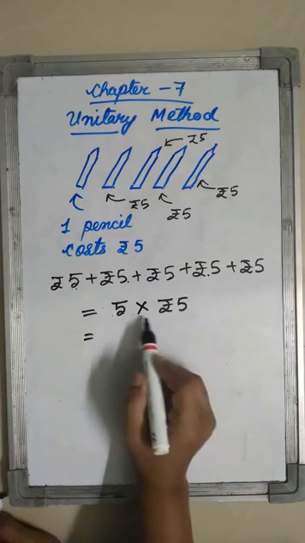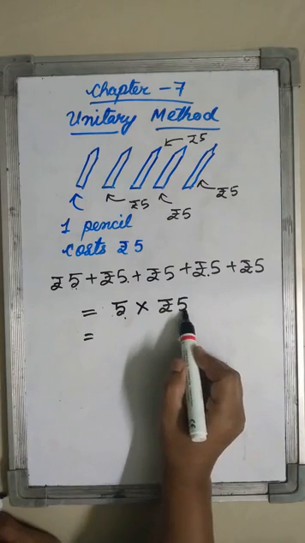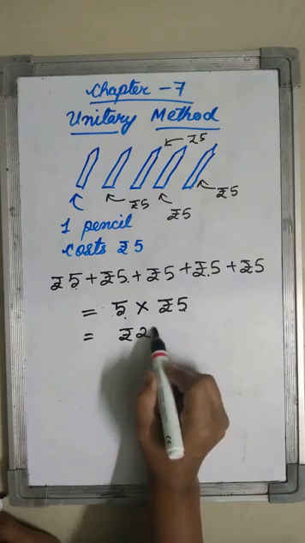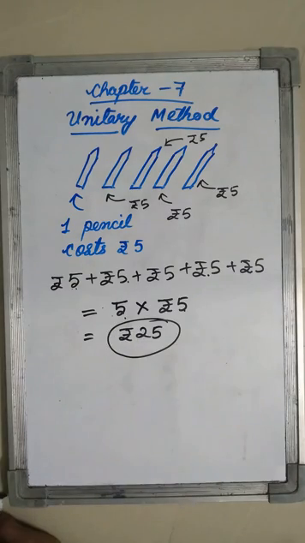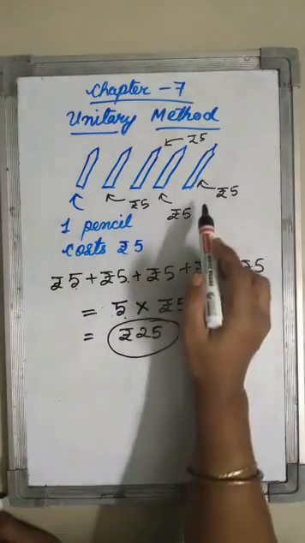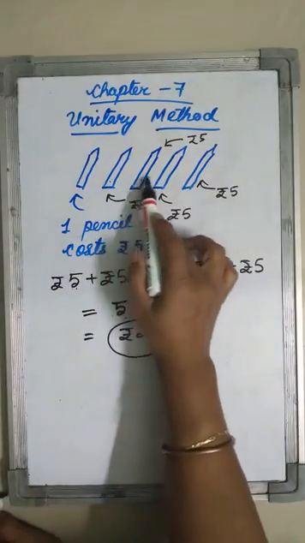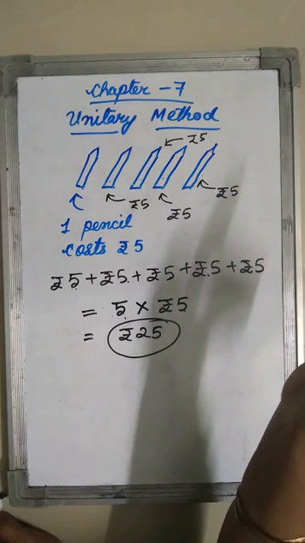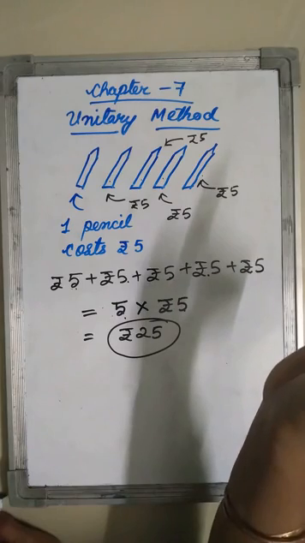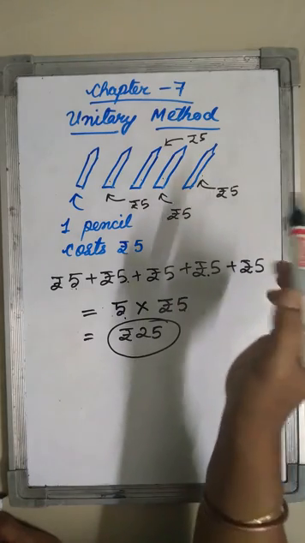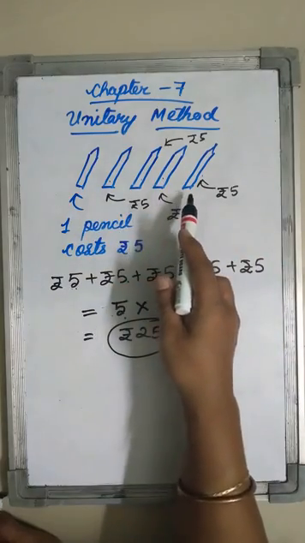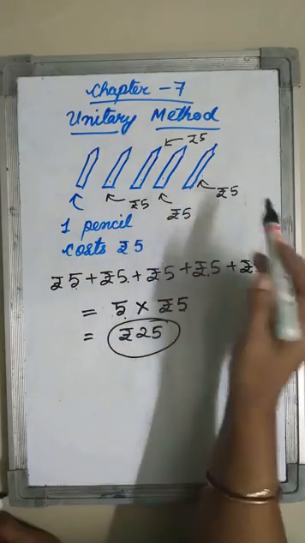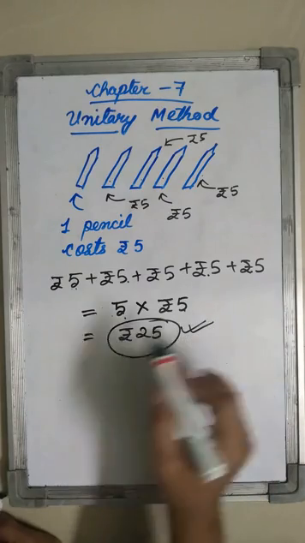So this is 5 into rupees 5, which is rupees 25. If we pay rupees 25, we get the same kind of pencil, where the price of one pencil is 5 rupees. So if we want to buy 5 pencils, we have to pay 25 rupees.